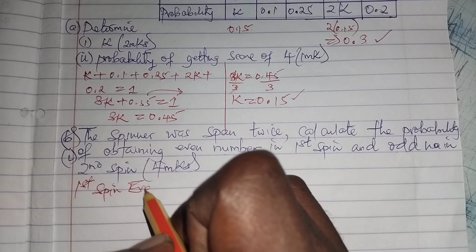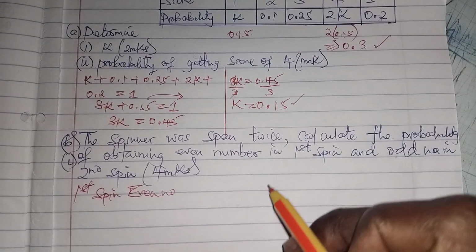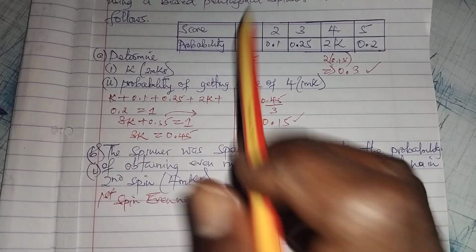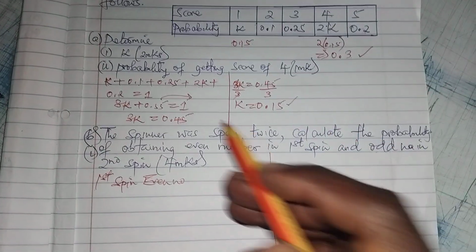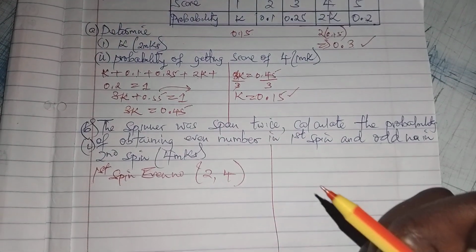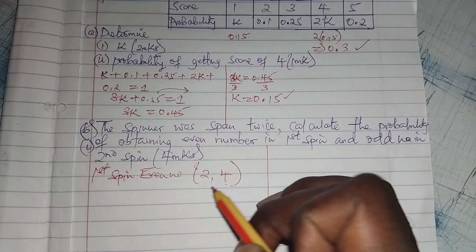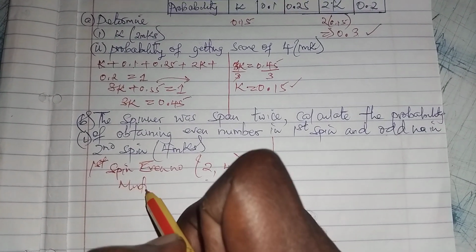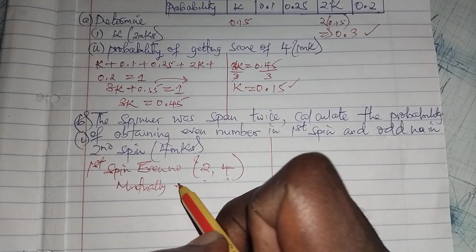For you to get even numbers, we know that the even numbers there are 2 and 4. So you have 2 and also 4. But these events are mutually exclusive.